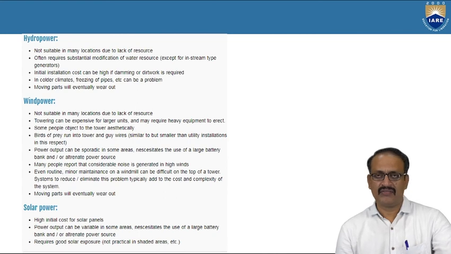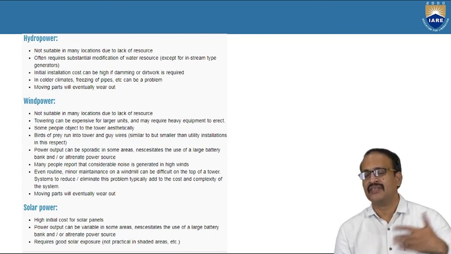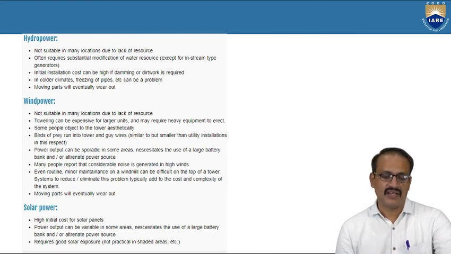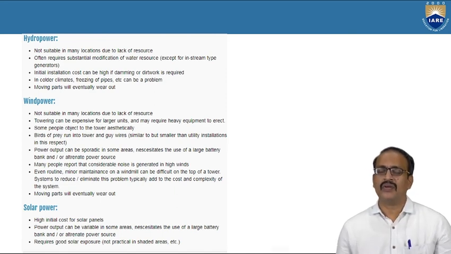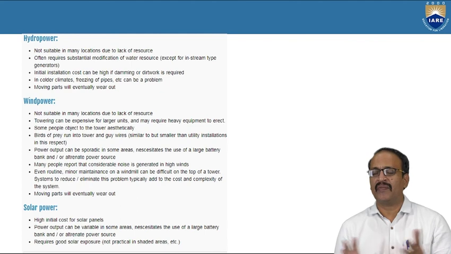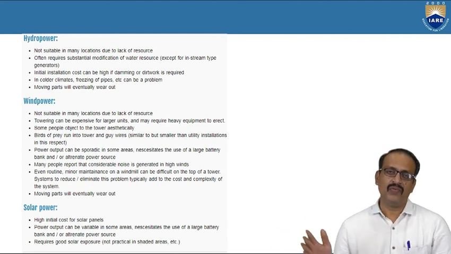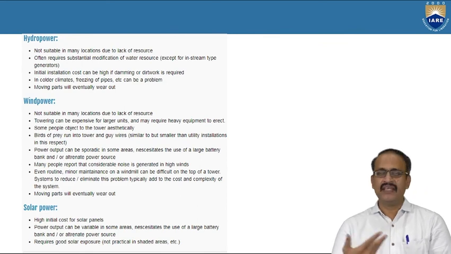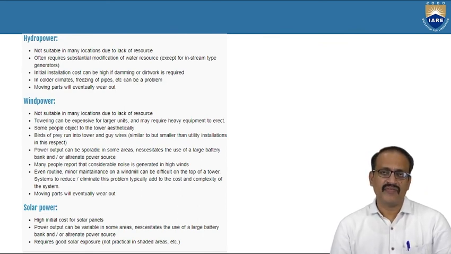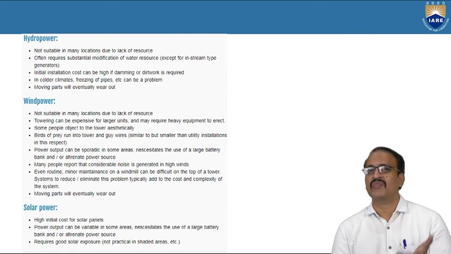If the water is in excess, we have to release it. Initial installation cost is high, and in colder climates the water will become ice and will not flow, so we have to stop the production of power naturally. Here there are also moving parts.